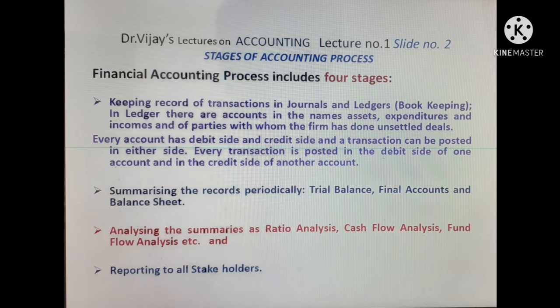The next stage is analyzing the summaries as ratio analysis, cash flow analysis and fund flow analysis. And the last stage in the accounting process is reporting the results of the findings and summary statements to all the stakeholders.